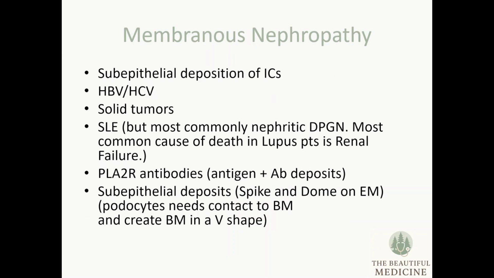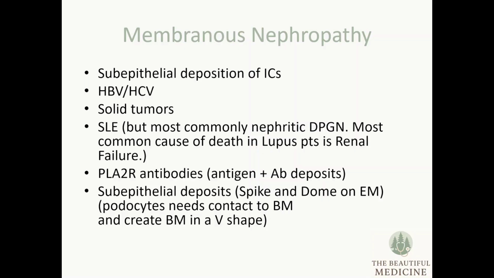Membranous nephropathy is in the second group, so you start getting the deposits. Here the deposits from immunocomplexes are starting. So HBV, HCV, I would say mostly HBV with nephrotic syndrome, and solid tumors, SLE.